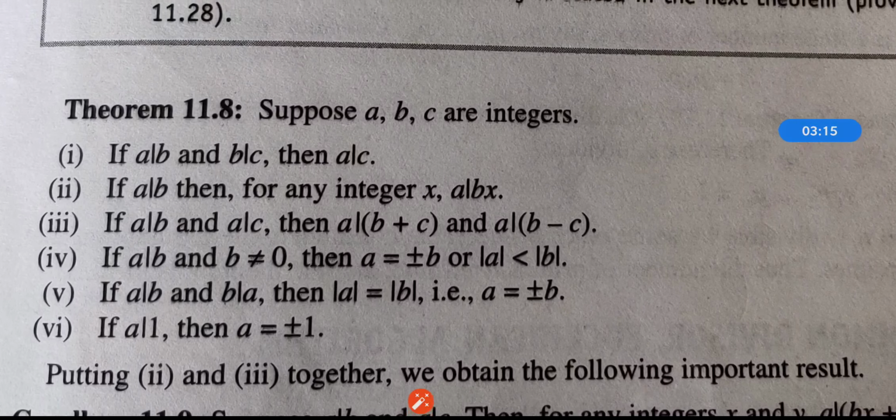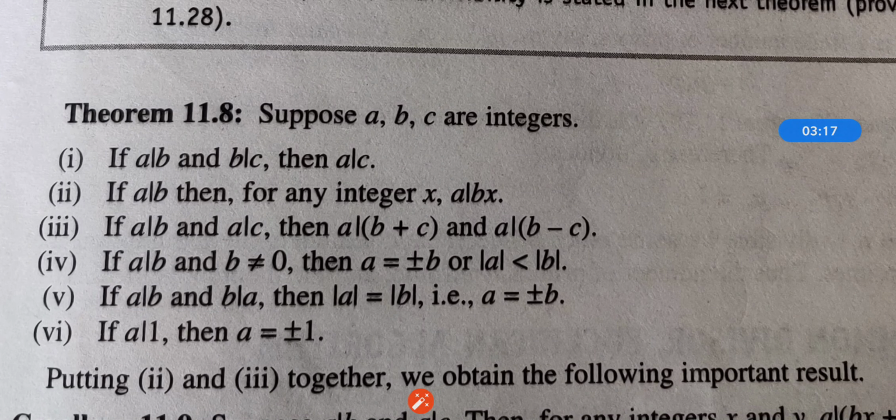The basic properties of divisibility are stated like this: if a divides b and b divides c, then a divides c. If a divides b, then for any integer x, a divides bx. If a divides b and a divides c, then a divides b plus c and a divides b minus c.